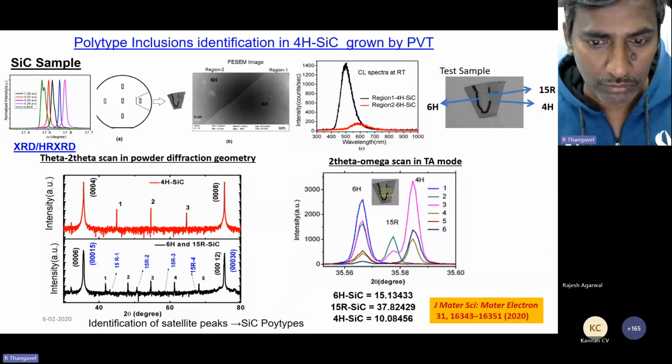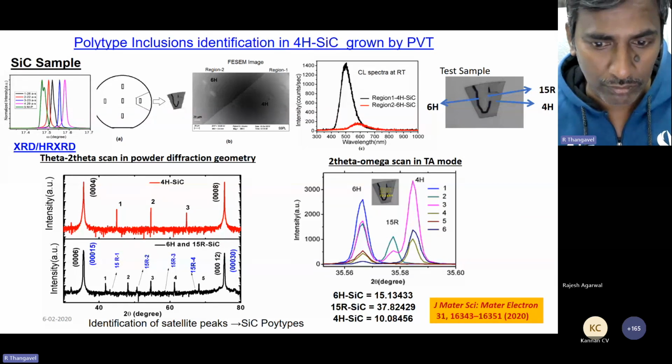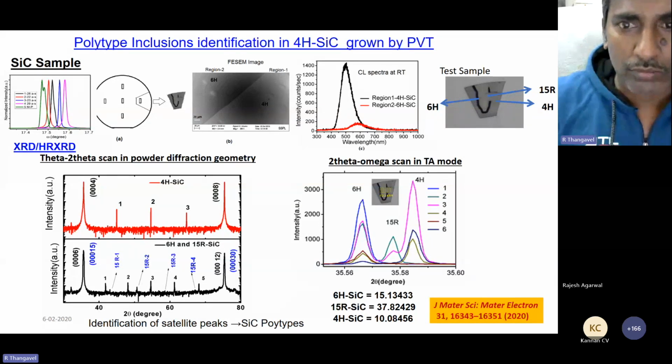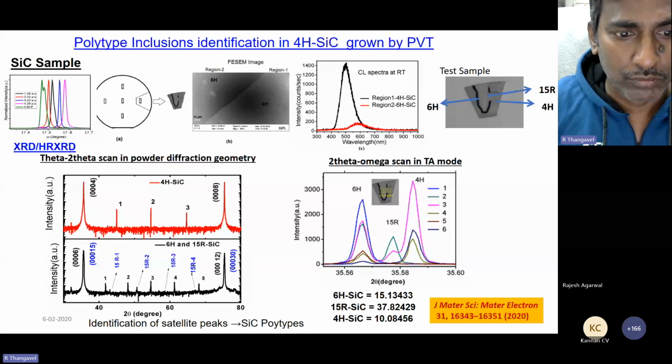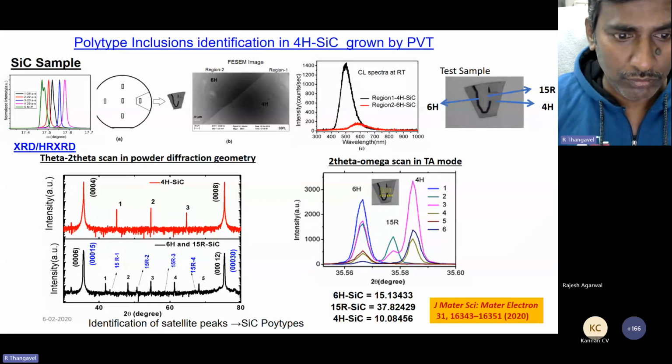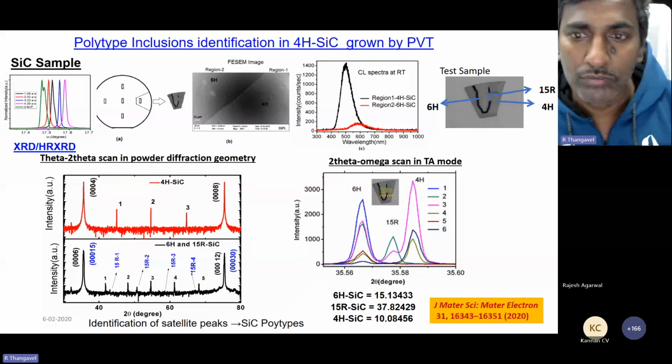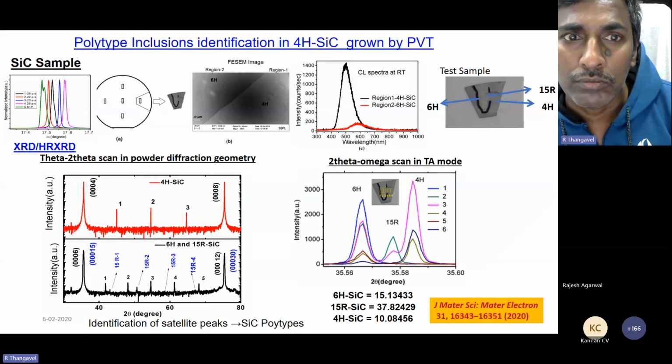In another region, another X-ray diffractogram was done, and we found 006 and 0012, and other peaks at 0015. This shows the 15R peak. Several small kinematically absent peaks have also been identified, confirming that 6H and 15R are present.